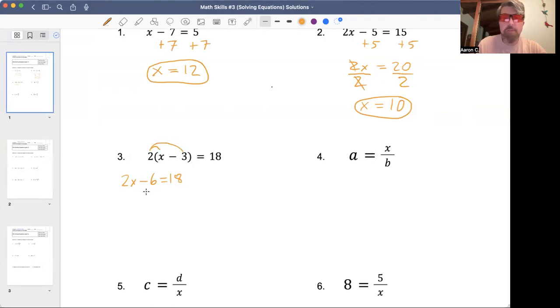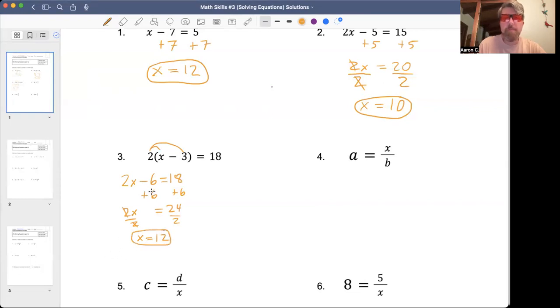Then we can do what we did before, which is add 6 to both sides. It's the same thing we did in the previous problem, but with 6 there. So we end up with 2x plus 0 equals 18 plus 6, that's 24. So we divide by 2 on both sides, and that gives us x equals 12. All right.